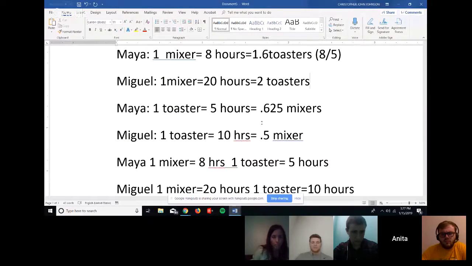So if you look at it that way, Maya is better with the toaster because she is losing fewer mixers. And Miguel is losing more mixers by making that toaster. Does that make sense? That's why Maya has comparative advantage in the production of toasters, because if you look just at the first half of the graph, that toaster, 5 goes into 8 is 1.6. So she's losing 1.6 mixers for every toaster. Miguel is losing 2 mixers for every toaster. That's why B is the answer.